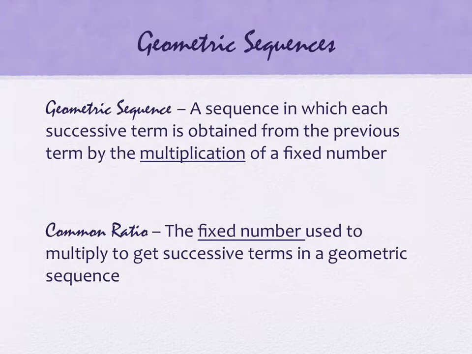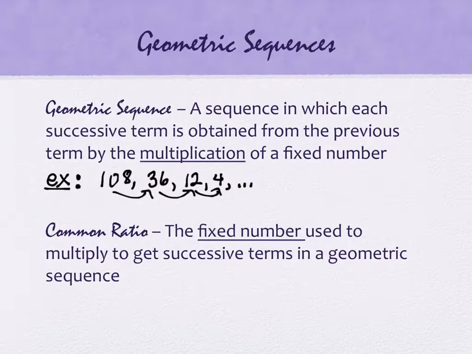So let me give you an example. 108, 36, 12, 4. Now these numbers are getting smaller, so it probably feels like we are not multiplying, but we are dividing.